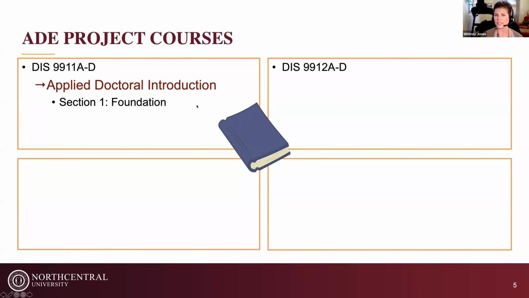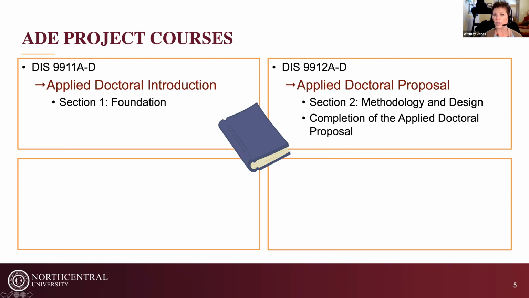The next course is 9912, and it is the Applied Doctoral Proposal. You will complete 2 things in this course. Your deliverable will be a completed section 2, methodology and design, and a completion of the actual applied doctoral proposal, which, like I mentioned earlier, is sections 1 and 2 combined.